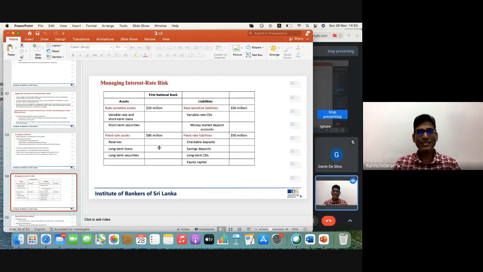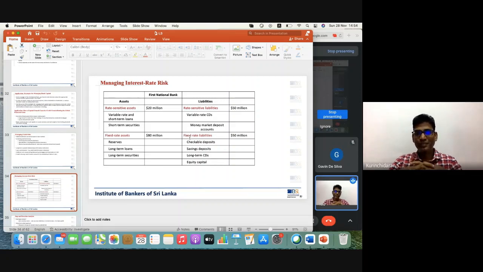But interest rate sensitive assets and liabilities are exposed to the risk, because whenever the market interest rate changes, these interest rates are also going to change. So you take interest rate sensitive assets and deduct interest rate sensitive liabilities from them, and you get a final amount, which we call the gap.